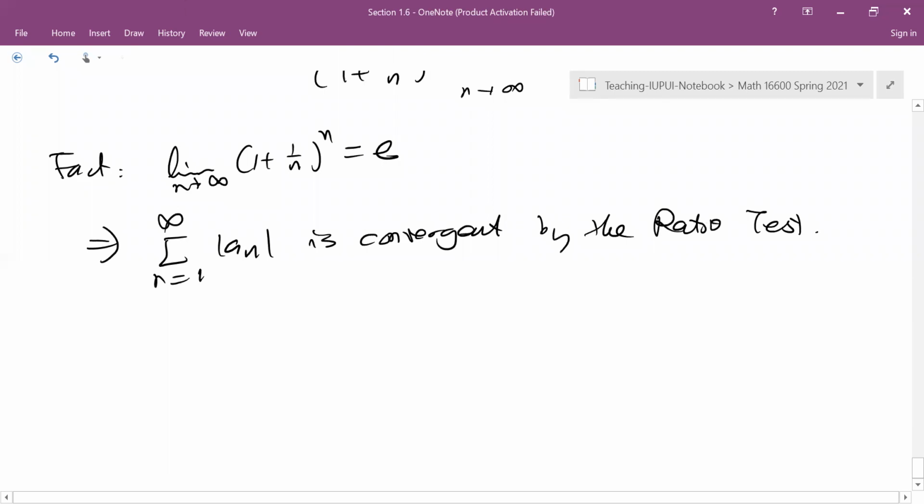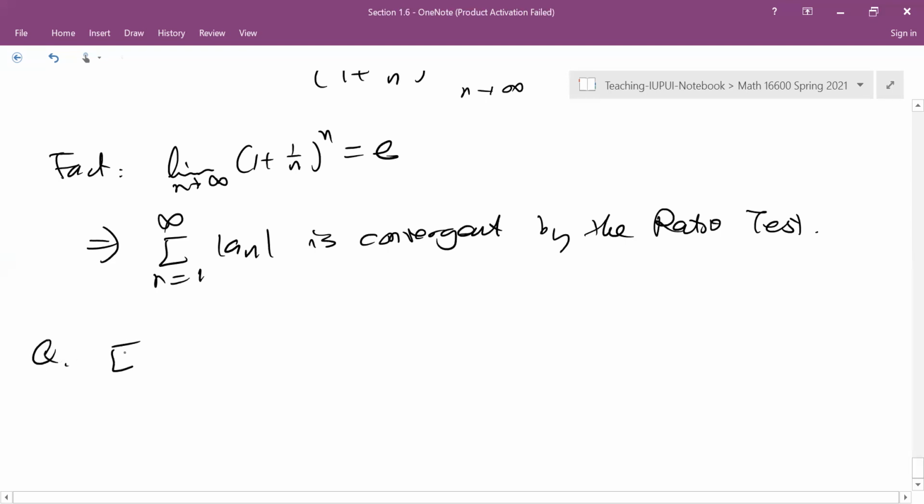Now, the ratio test is not a universal test. When I was grading the previous tests, I found that some students only learned the ratio test and used it for all the problems. And that is not good. Some simple series cannot be proved convergent by the ratio test.